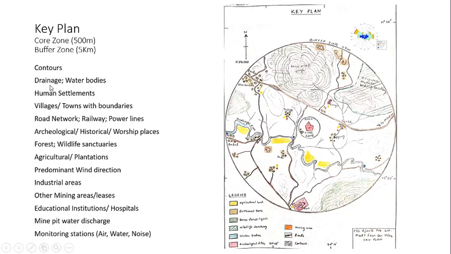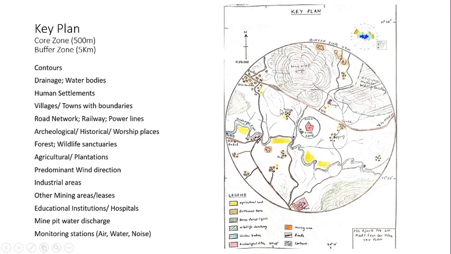The drainage and the water bodies. Example, this is a river here. There is a spring also here. There are smaller streams which are joining the main river. So all these must be shown. Then the human settlements.